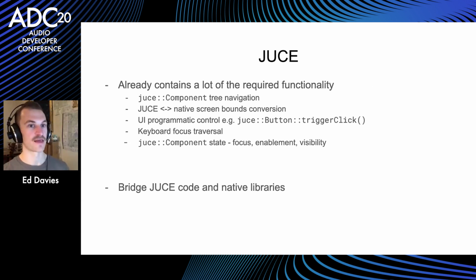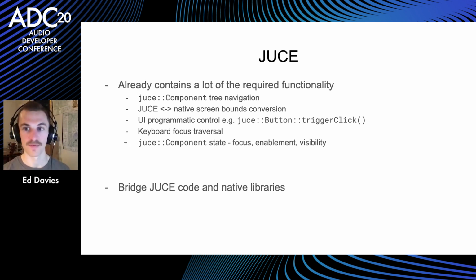Luckily, JUCE already contains a lot of the required functionality and has a lot of helper classes for doing things like this. So JUCE component already contains some fairly sophisticated tree navigation methods. There are methods for converting between JUCE and native screen bounds, which can be quite tricky. So that's things like the flipped y-axis macOS coordinate system, and for dealing with high DPI coordinates on Windows screens.